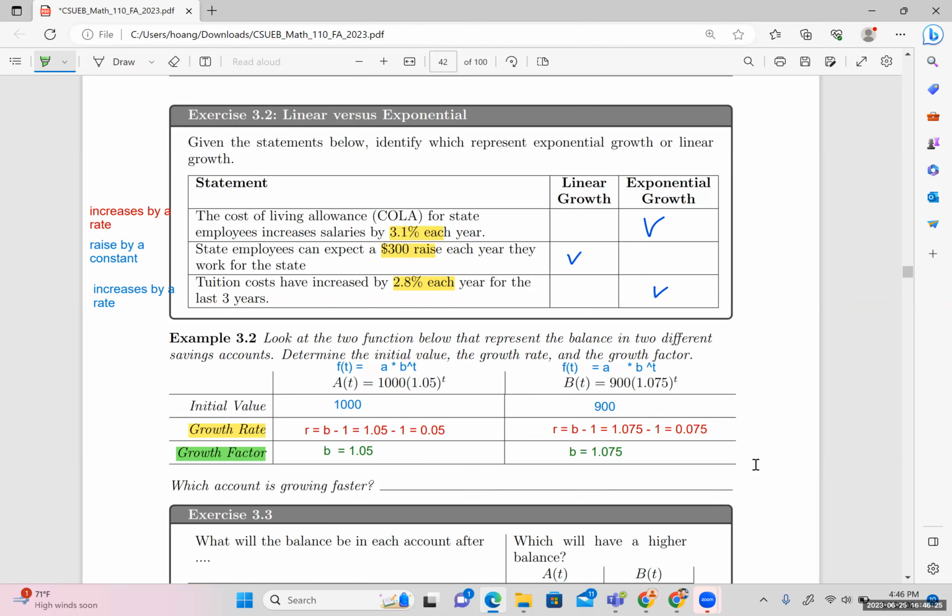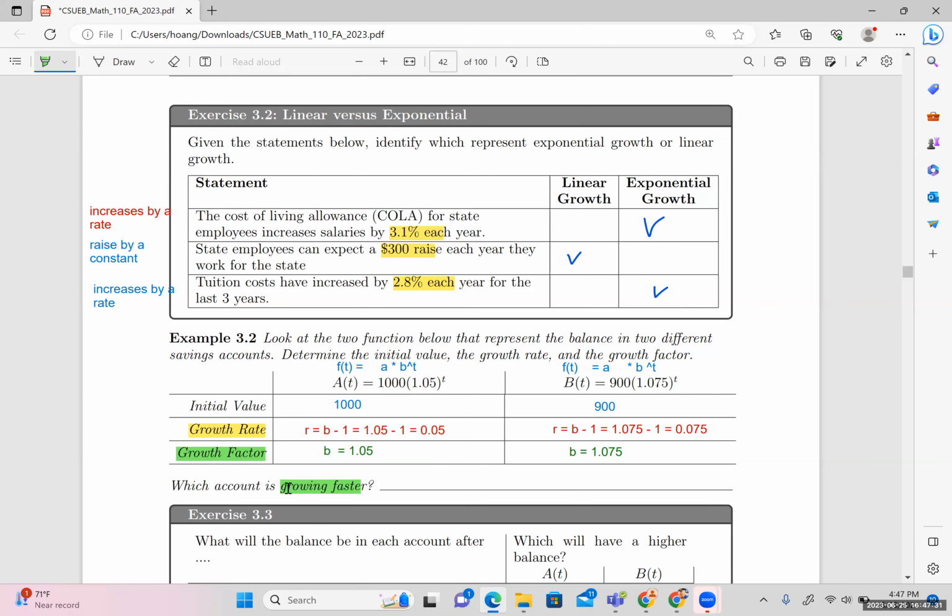So which account is growing faster? Okay, actually, because it talks about how fast it grows, we need to check the rate or the growth factor, and compare between those.